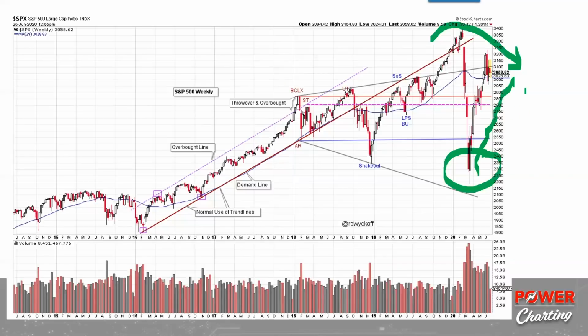Could the presence of the public, the presence of retail being so persistently dominant and actually outperforming here, be an ominous sign for the completion of distribution? I'm just throwing that out there, and this is a very interesting place because we're up against these important trend lines and resistance lines in the S&P and the Dow and so on. And these are topics we're going to cover in the weeks and months ahead.